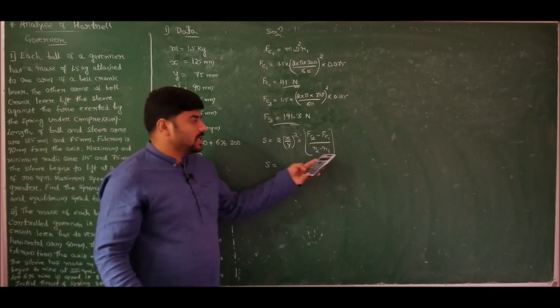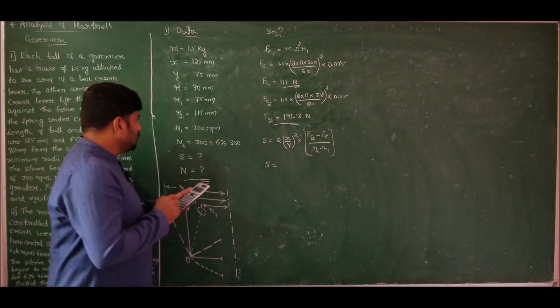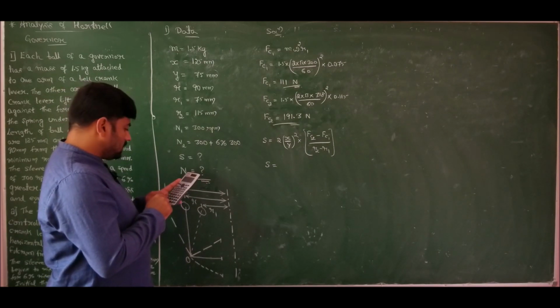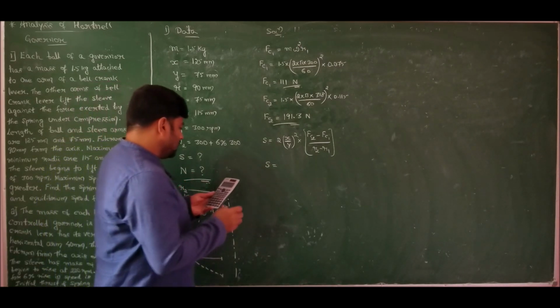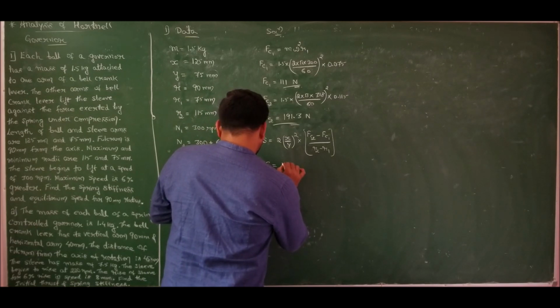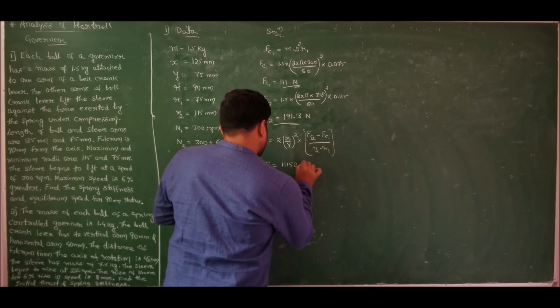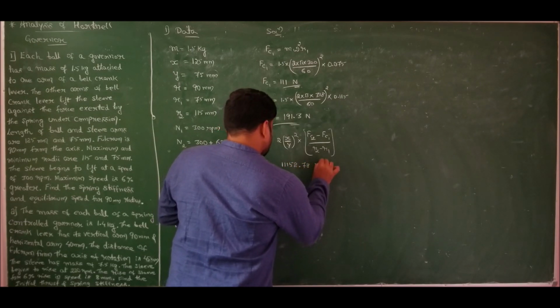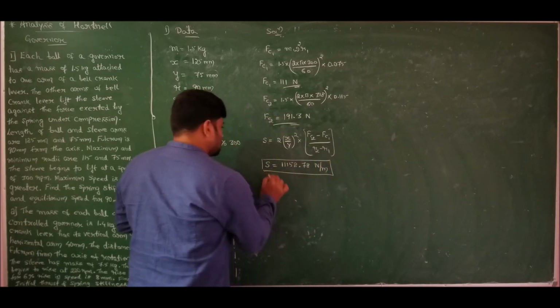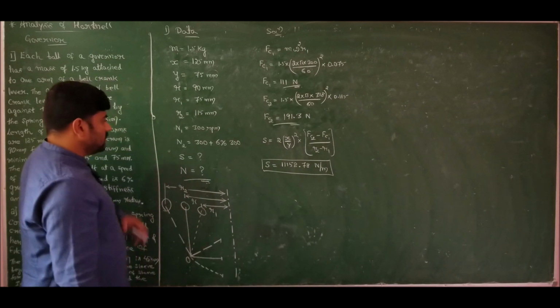Here I should substitute in meters, so r2 is 0.115 minus r1 is 0.075. If I do that, I get the spring stiffness as 11,152.78 Newton per meter. So this is the value of spring stiffness I obtained. We are done with the spring stiffness.